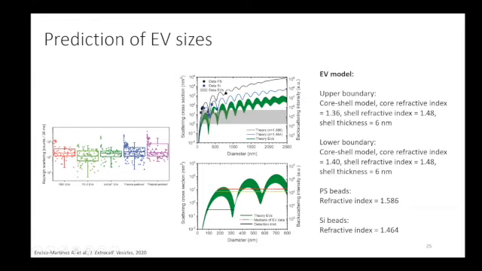Then we plotted a line here in green that is the predicted scattering for the vesicles, varying, for instance, the refractive index of the core, with a specific shell thickness and a specific refractive index for the shell. And what we see is that it is not so easy to predict the sizes based on the backscattering intensity that we get.